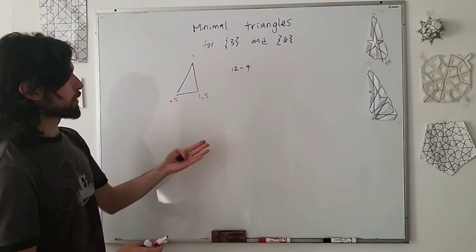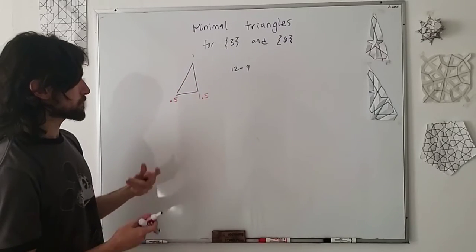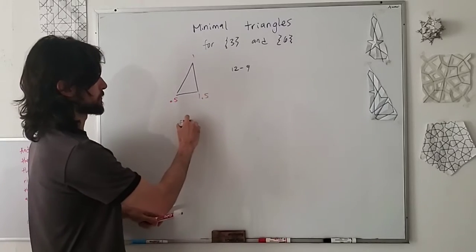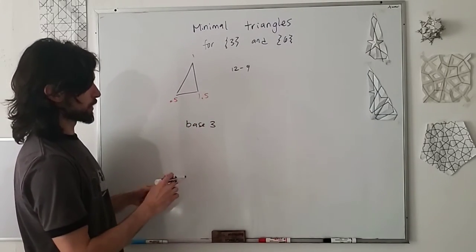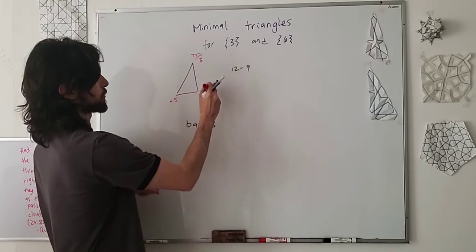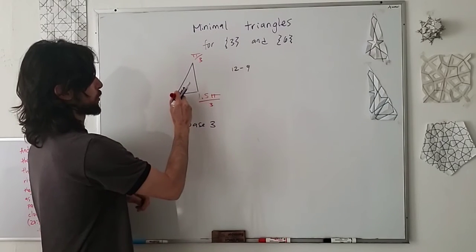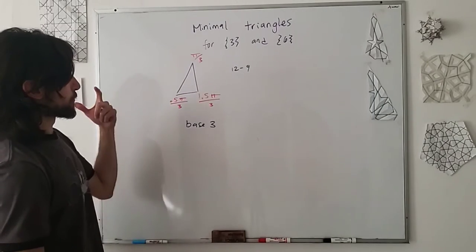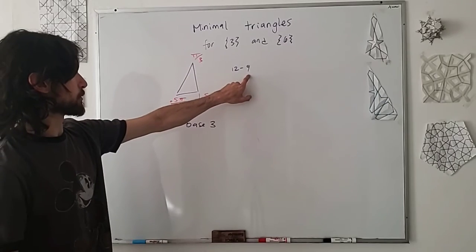The way we do it is that we can find factors of these numbers inside of this triangle. Now it's a little weird, but since we are in base 3, we can begin to question again. This is going to be pi over 3, 1.5 pi over 3, and 0.5 pi over 3. So we can start to think, does 12 come into play here, and does 9 come into play here?